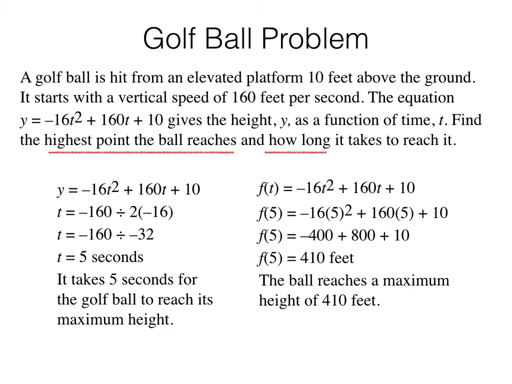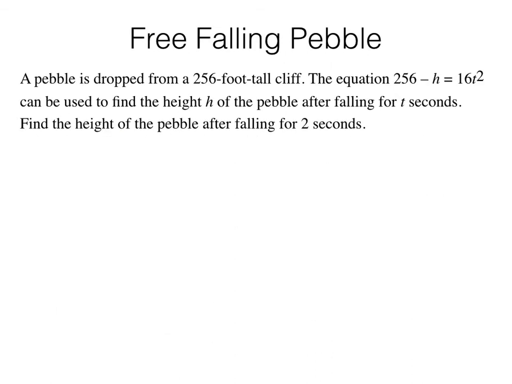We'll move on to a pebble problem. A pebble is dropped from a 256-foot tall cliff, and we have the equation that can be used to find the height of the pebble after falling for t seconds. We're asked to find the height of the pebble after falling for 2 seconds. So we'll start with the equation that was given.